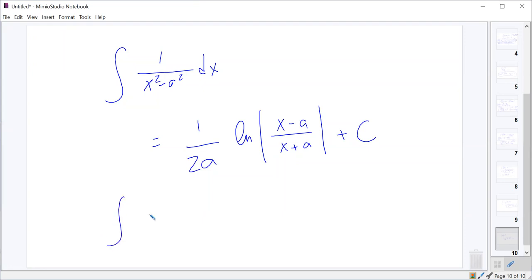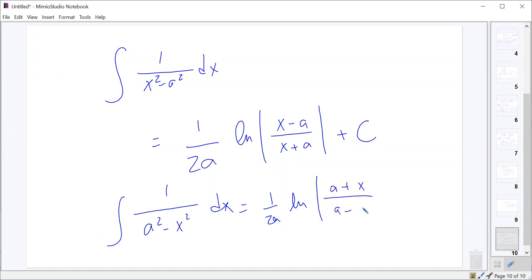I don't know if we talked specifically about this one, but if you had 1 over a squared minus x squared, that integral is just 1 over 2a natural log absolute value of, well, normally we write it this way, a plus x over a minus x. That might be a good one to know also.